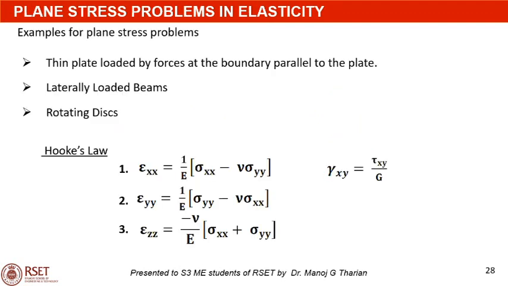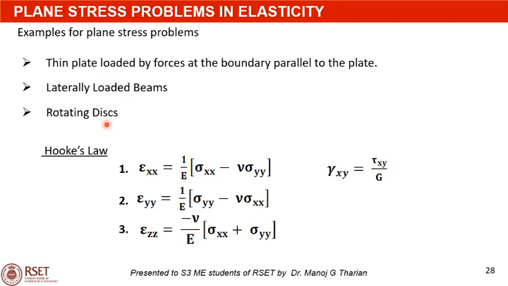Examples for plane stress problems are a thin plate subjected to in-plane forces. Second example is laterally loaded beams. And the third example is stresses occurring in a rotating disk. So these are the classical examples for plane stress problems.